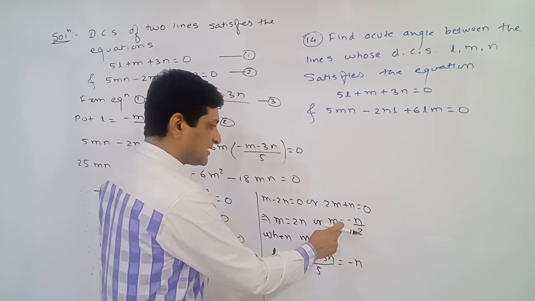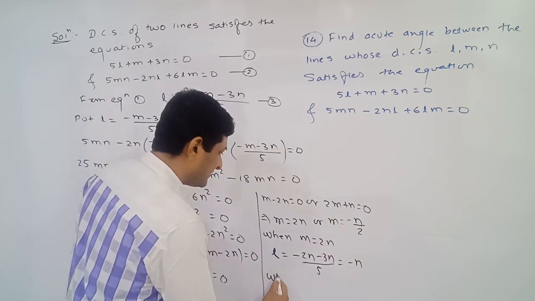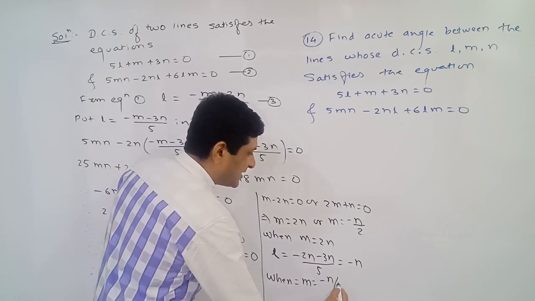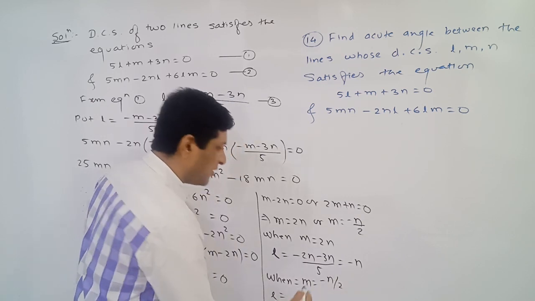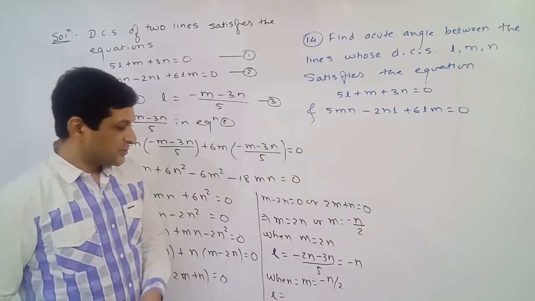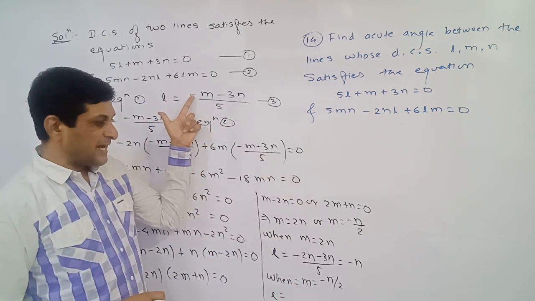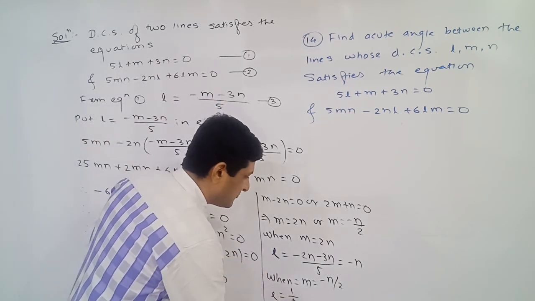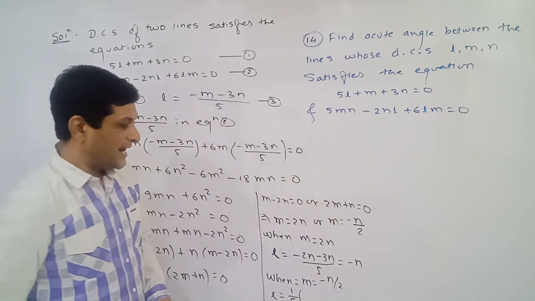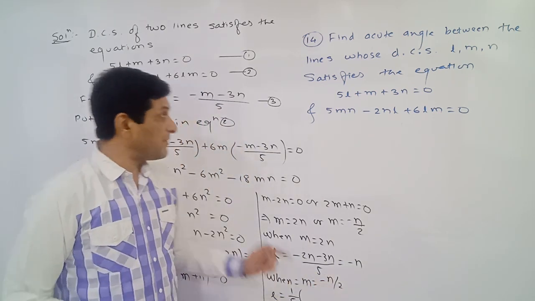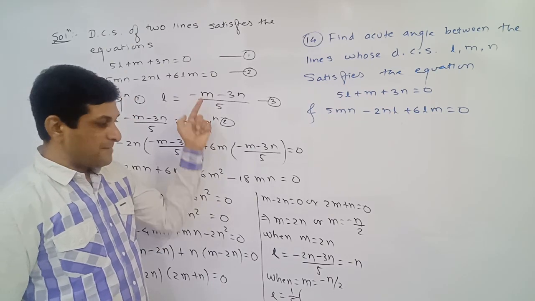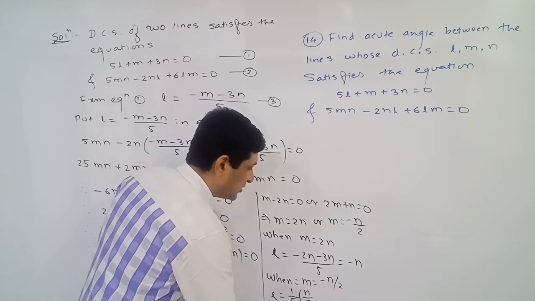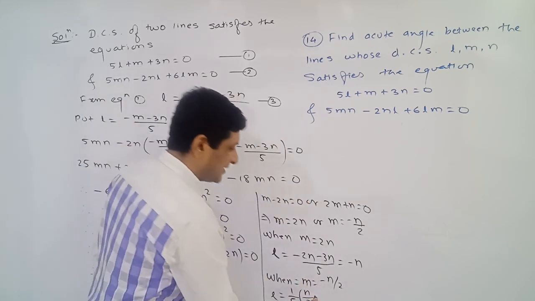Now we are using the second value of m. When m is equal to minus n by 2, let us see what value of l we are getting here. Again observe this equation, minus, keep it as it is. This 1 by 5 we are taking on one side, and we are replacing m by minus n by 2. This minus will become plus, plus n by 2, and here minus 3n, keep it as it is.